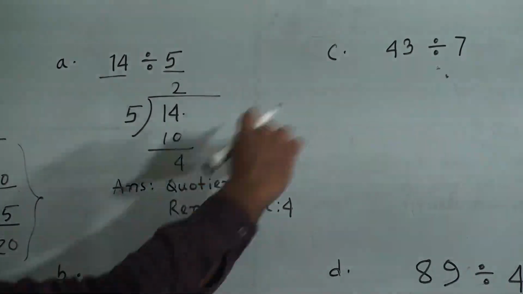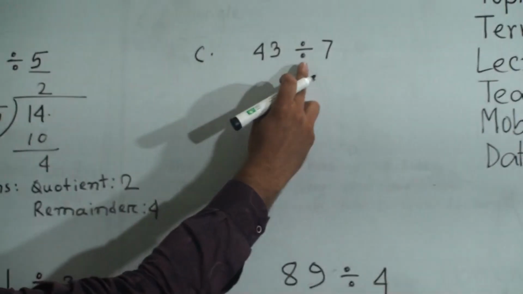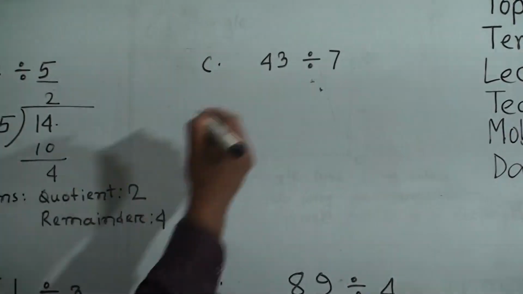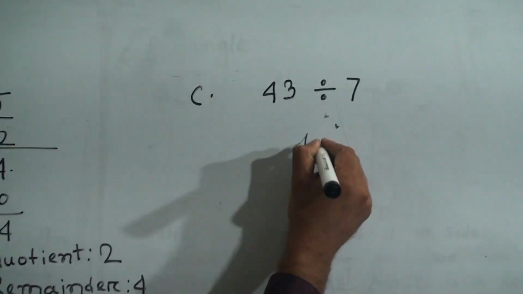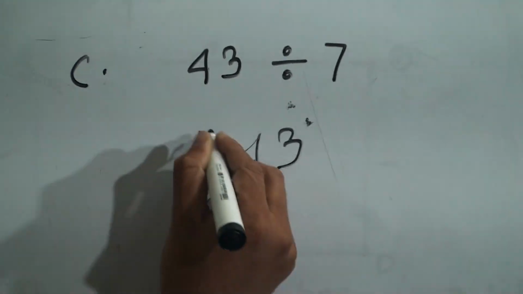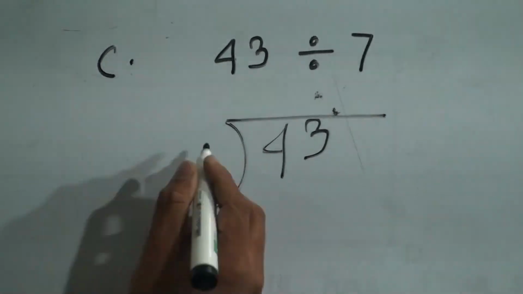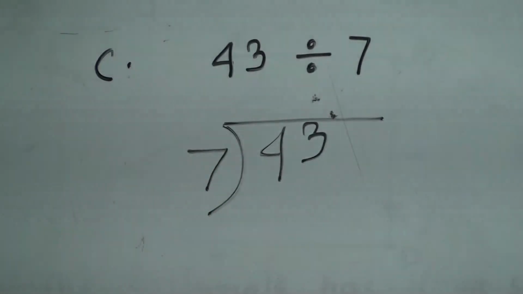Now number C, 43 divided by 7. In a similar way you have to divide 43, use this sign and put the divisor 7.